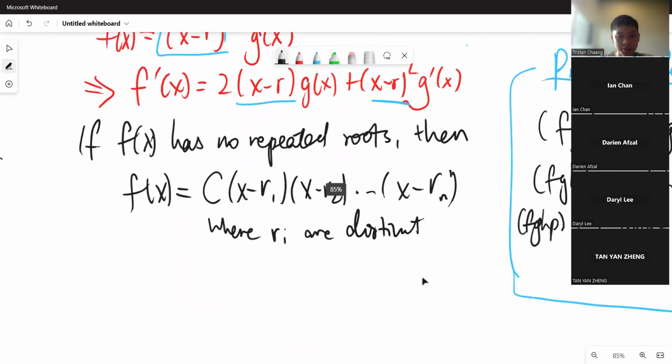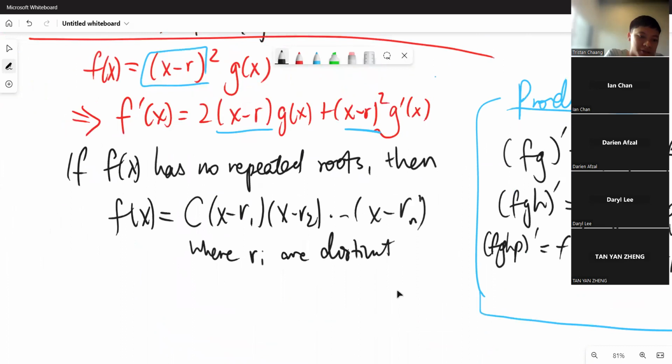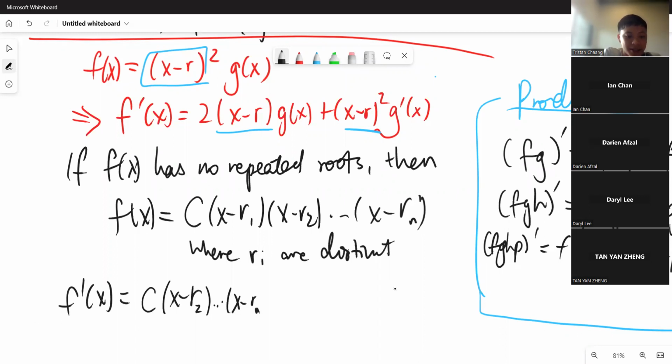So if you have this product rule, okay, so f prime(x) is, how do we write this? In fact, it's c times (x minus r2) up to (x minus rn), plus c times (x minus r1)(x minus r3) up to (x minus rn), and so on.